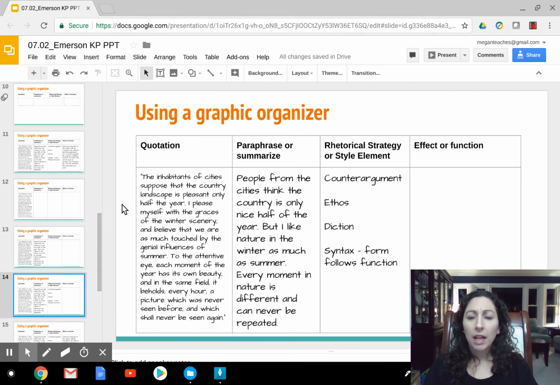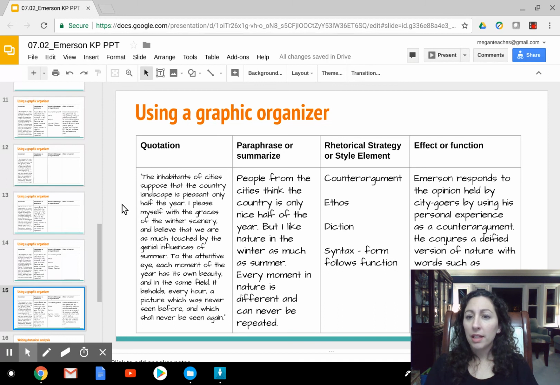So I identified a counter argument. I identified Emerson's appeal to ethos, some word choice, some diction, and also something interesting with his syntax, this idea of form following function.